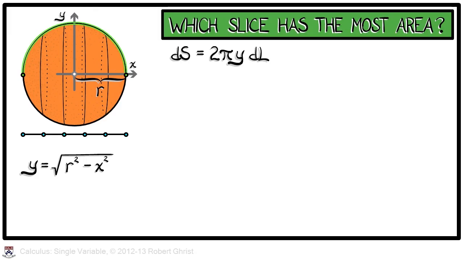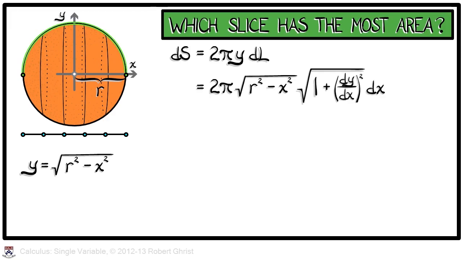Therefore, we know that the surface area element is 2 pi y dL. In this case, it's 2 pi times square root of r squared minus x squared times the square root of 1 plus the derivative squared dx. We've done this derivative before. It's minus x over square root of r squared minus x squared.